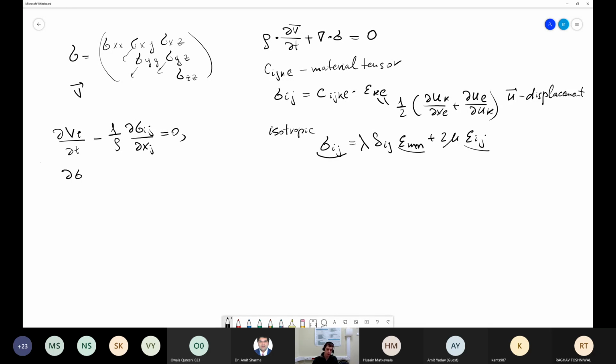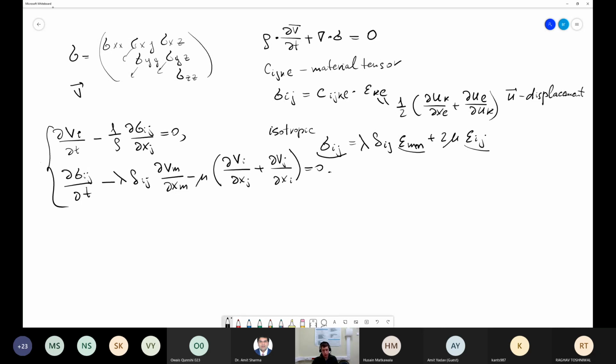The d sigma ij over dt minus lambda delta ij dv_m over dx_m minus mu multiplied by dv_i over dx_j plus dv_j over dx_i is equal to 0.